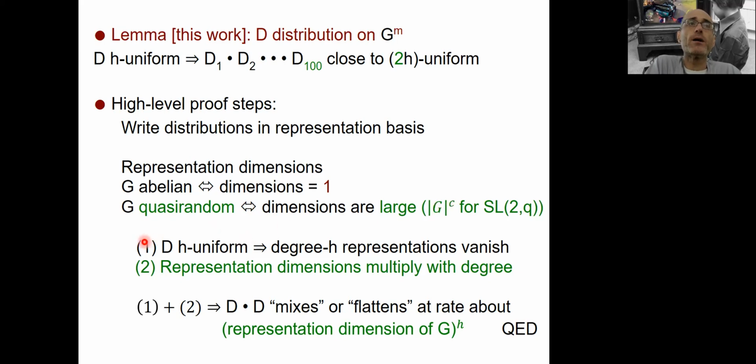So what do we do now? Here are the 2 steps in the proof. We have the assumption that D is H uniform, and this implies that all the degree H representations vanish. They will become 0, similar to what you might expect from the abelian case. And the second critical component is that the dimensions of the representations multiply when you are over a product group like this.